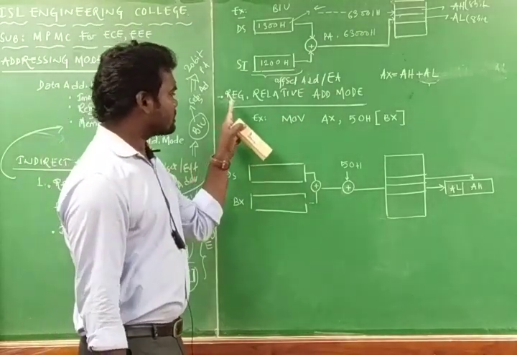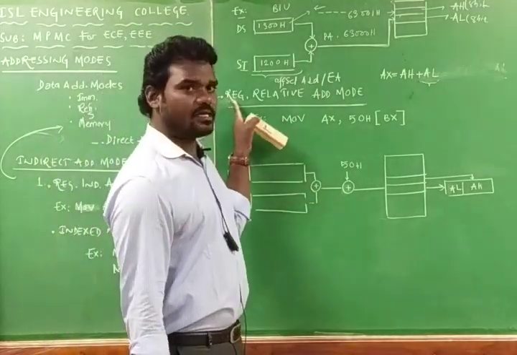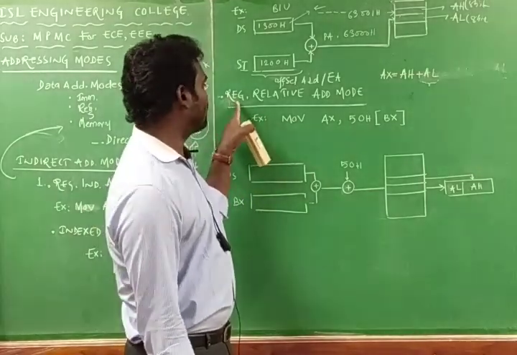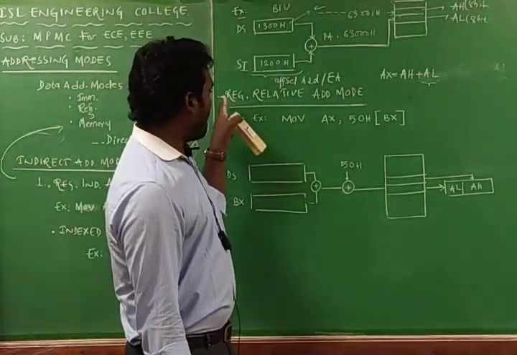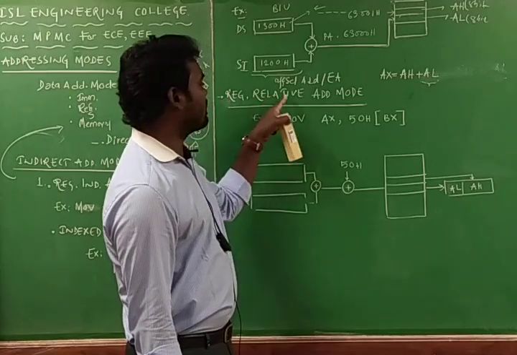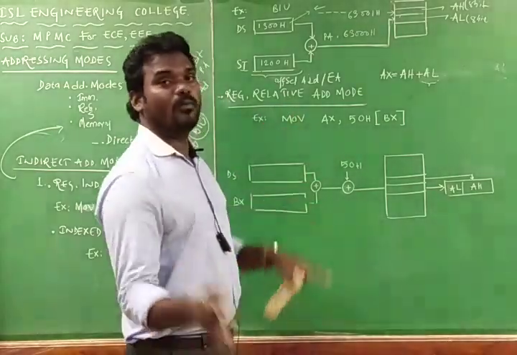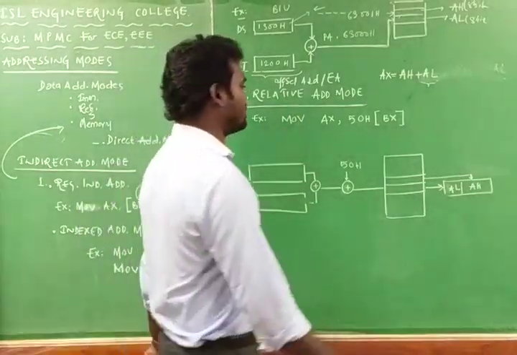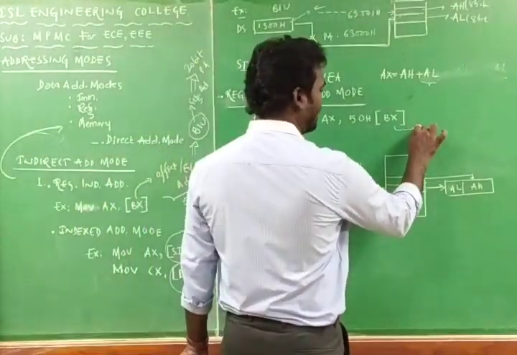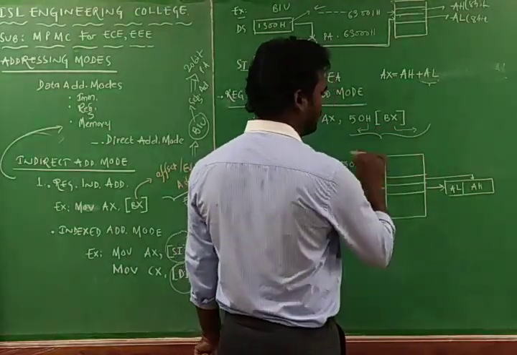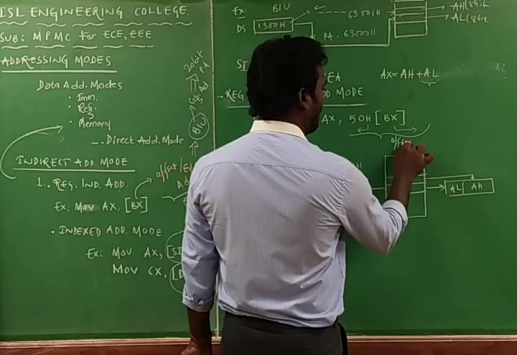That means the offset address is going to be specified in the register only. Along with this, we are going to have some relative term, and this register and that relative term both combinedly define the offset address.